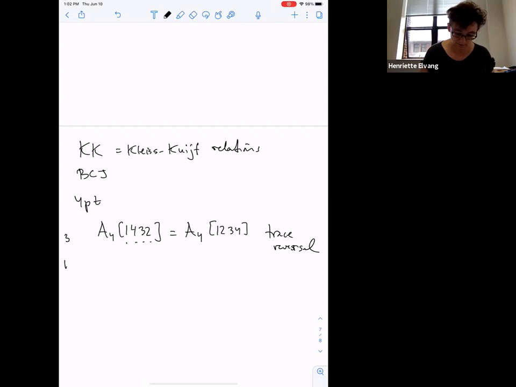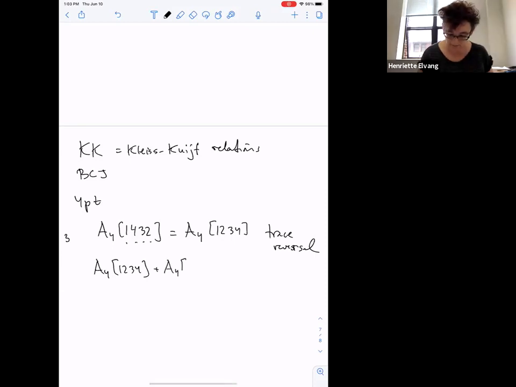Then there's something called a U(1) decoupling identity, which is part of the KK relations. It basically says that if I consider the gauge group to be U(N) and I pick the line 4 to be in the U(1) part of that, it has to decouple.